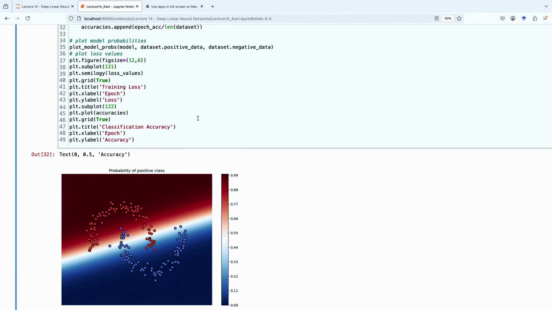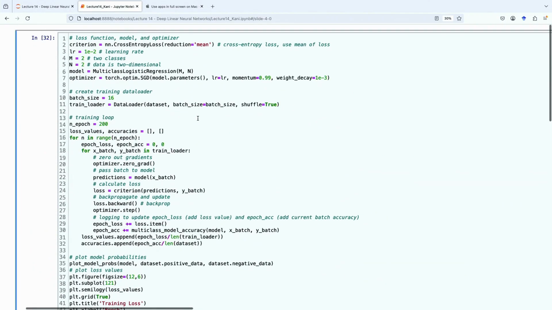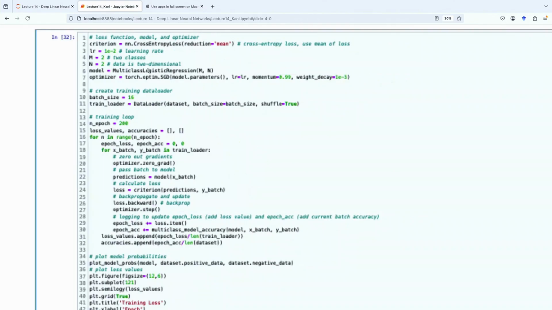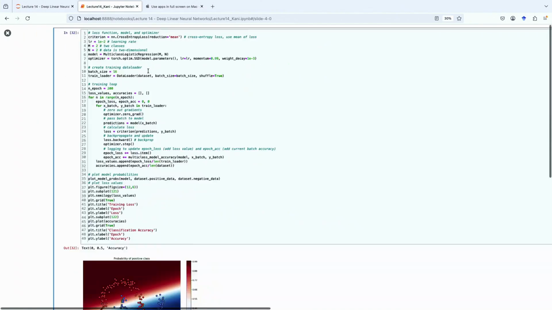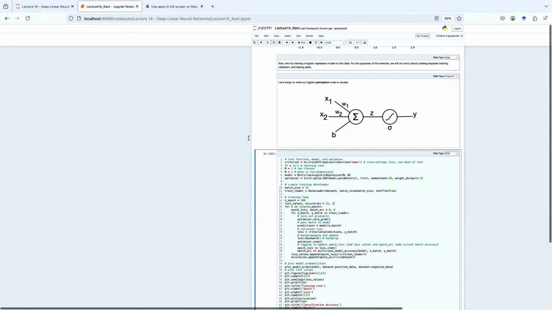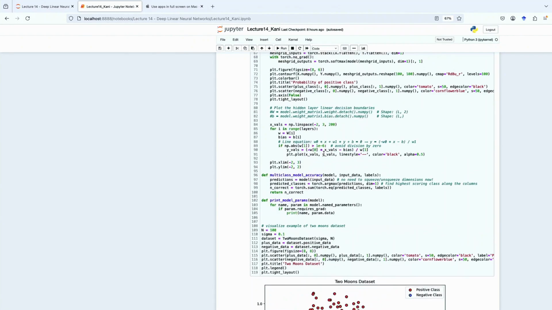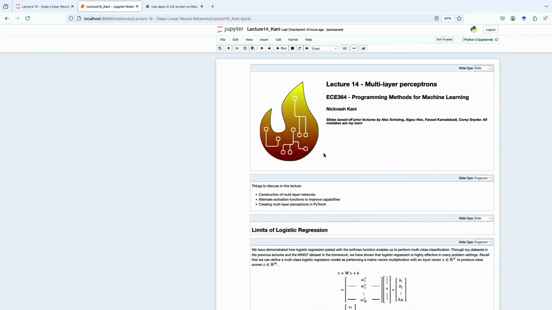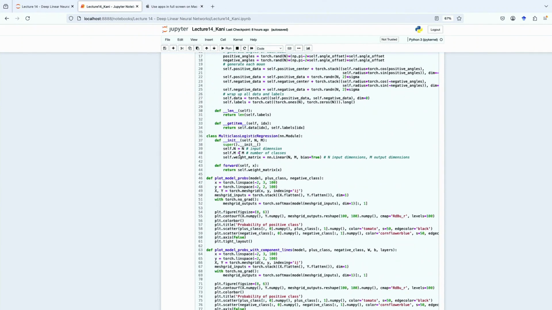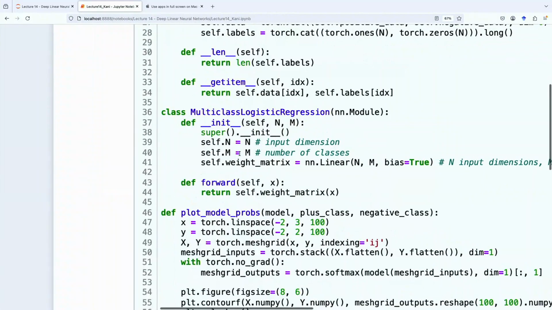So if we go to our two-layer model, which is multi-class logistic regression, remember that it is simply a weight matrix.